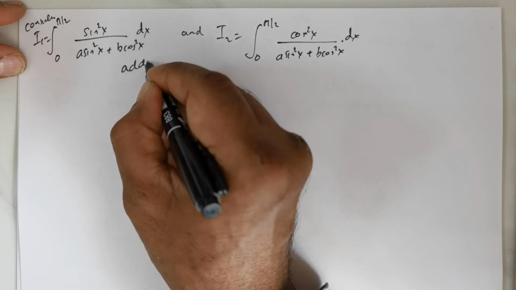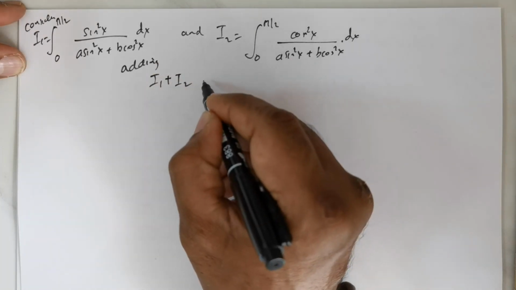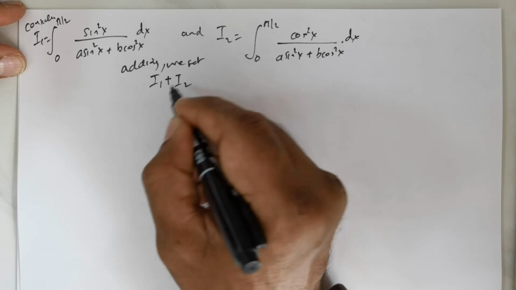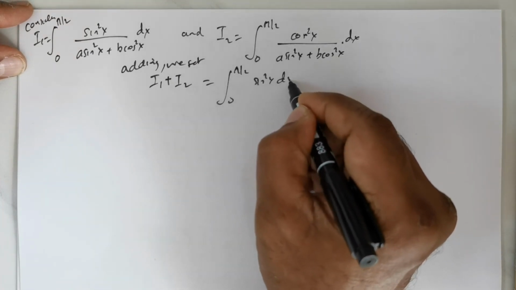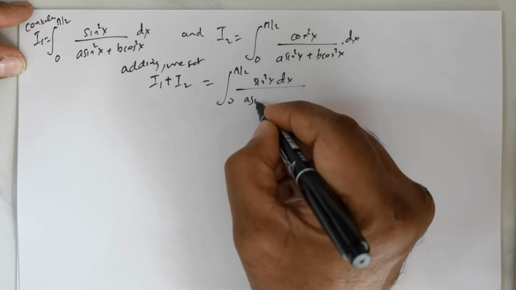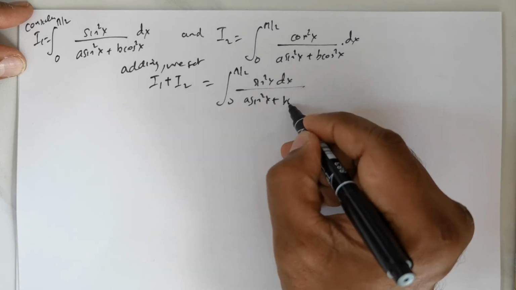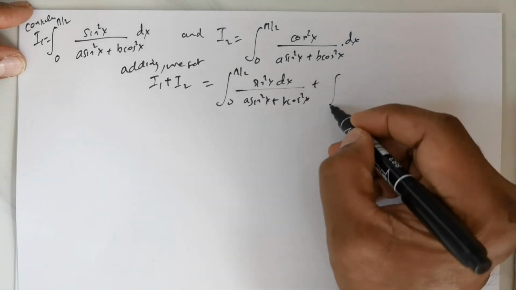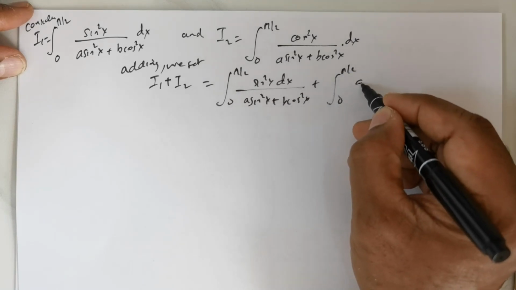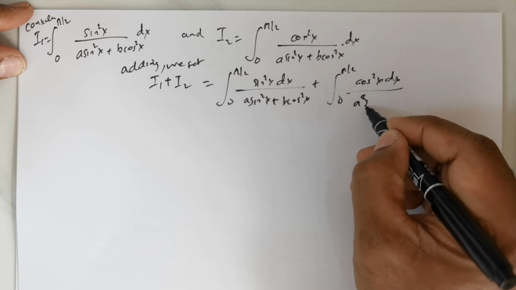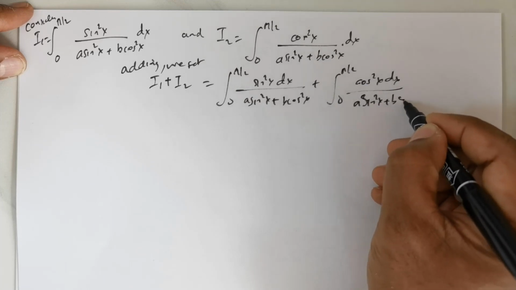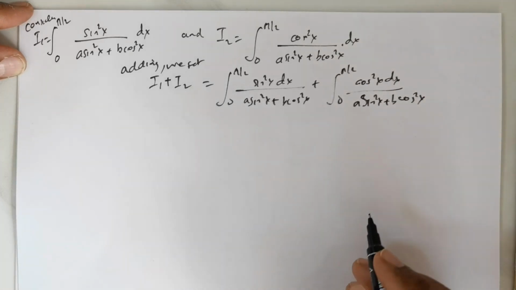Okay, adding I1 with I2 we get, so what do we get? I1 plus I2 is equal to the integral from 0 to pi over 2 of sine squared x dx over a times sine squared x plus b times cos squared x, plus the integral from 0 to pi over 2 of cos squared x dx divided by a times sine squared x plus b times cos squared x.